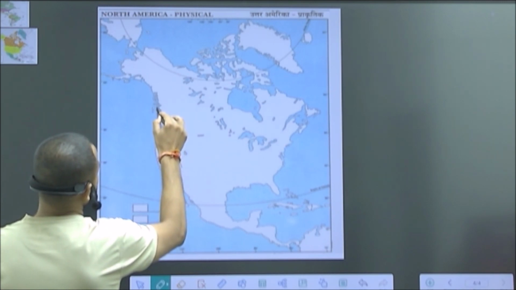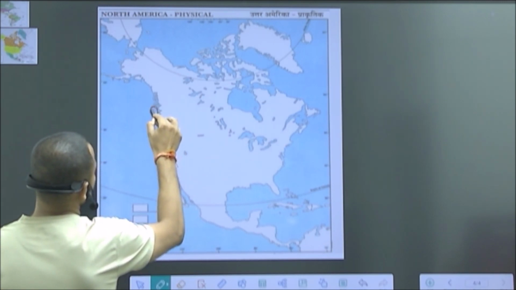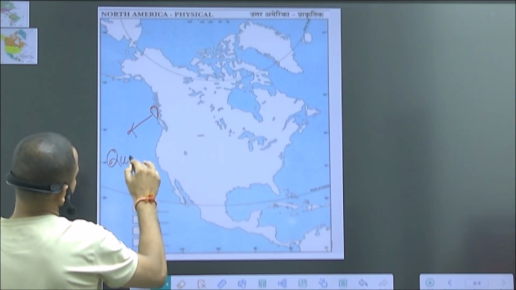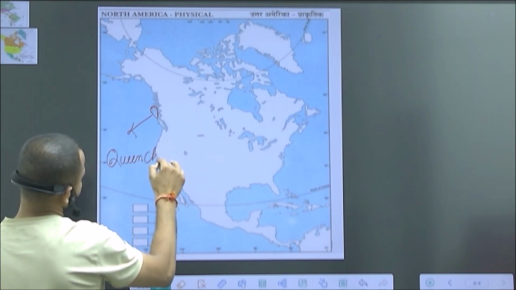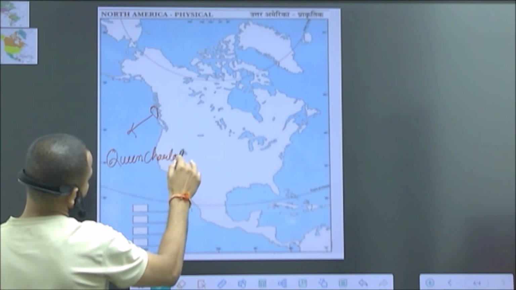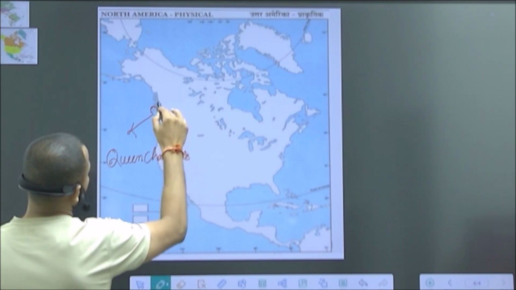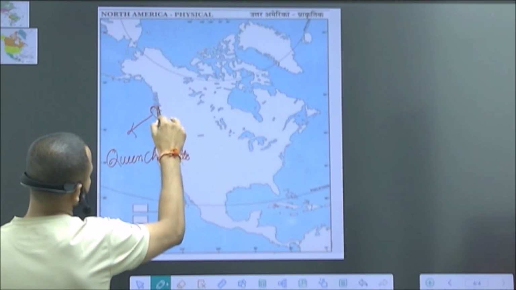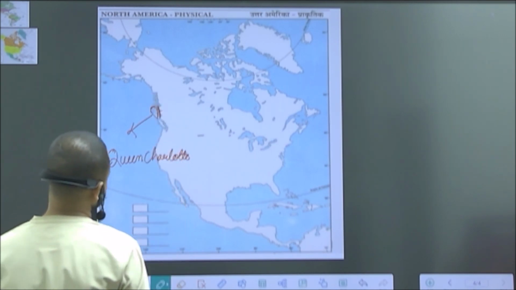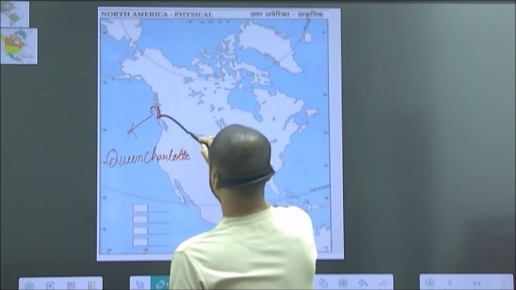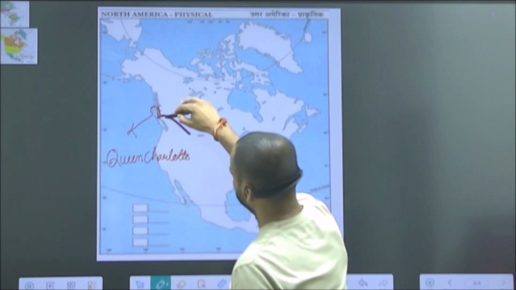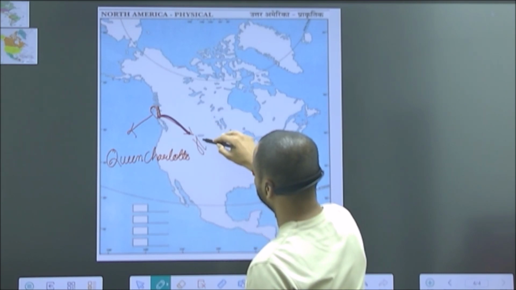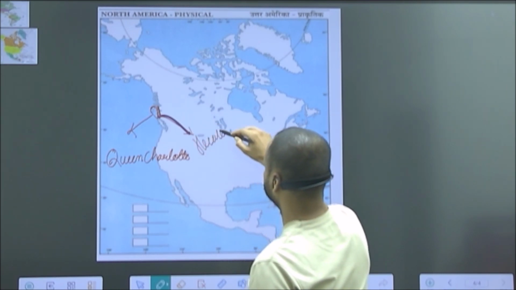This group of islands is called Queen Charlotte. Between Queen Charlotte and the mainland of Canada, one water channel is situated, which is known as Hecate Channel.